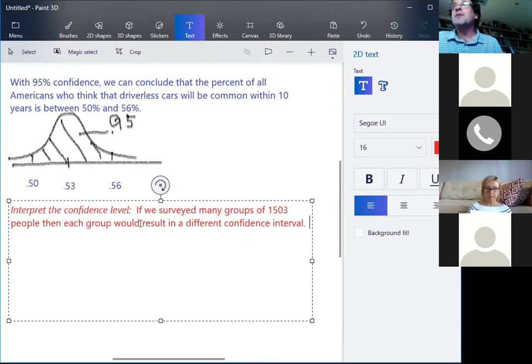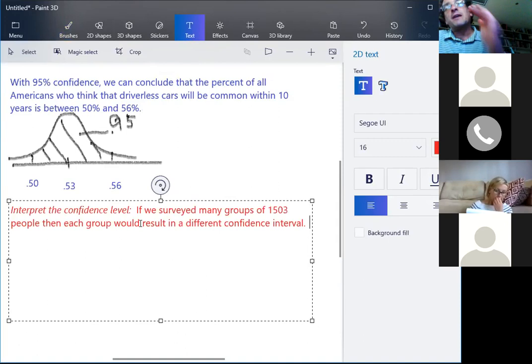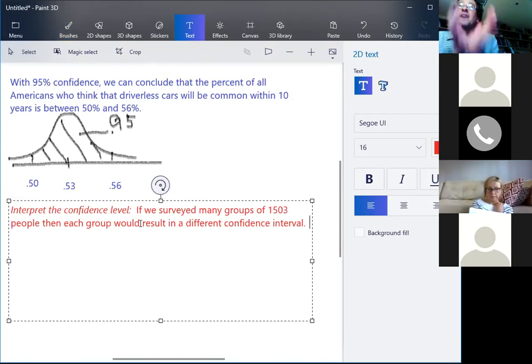So if we kept doing this over and over and over again, we'd be successful in capturing the population proportion 95% of the time. So we can say that if we surveyed group by group by group and got a confidence interval and a different confidence interval and a different confidence interval, and you looked at all those confidence intervals, some of those confidence intervals will be successful and capture the population proportion.